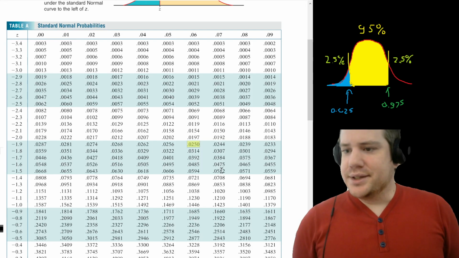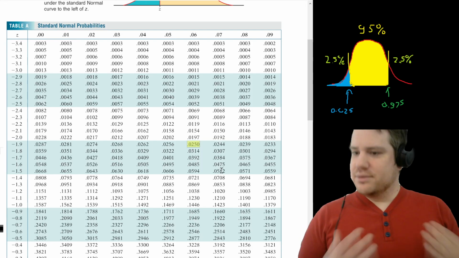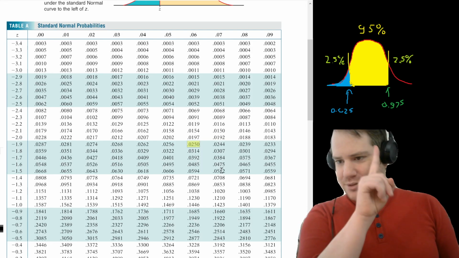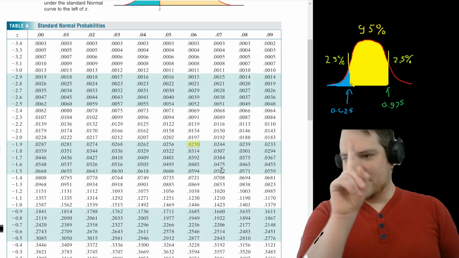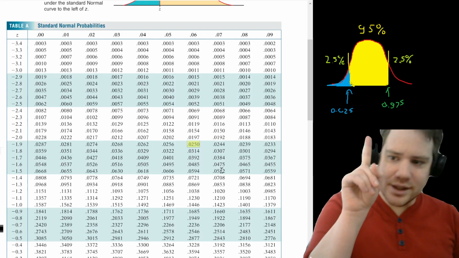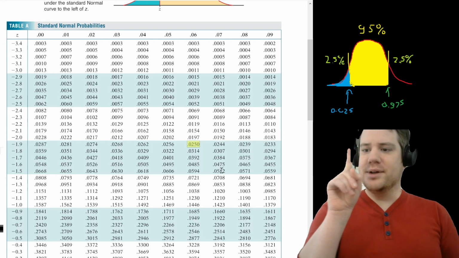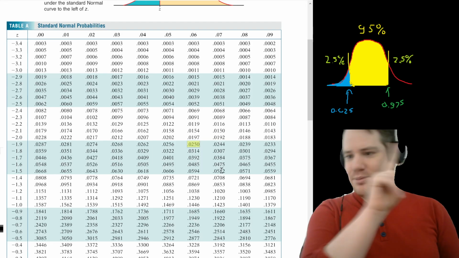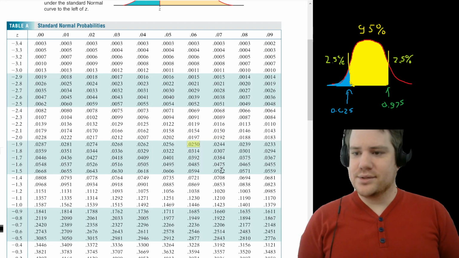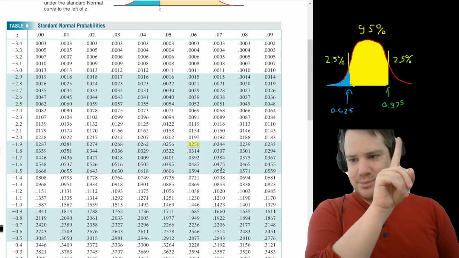And this is always the case. So you get the same number regardless of which of the two you look up. Another thing you could do theoretically is look up the other one and you get the same value but just the minus. So minus 1.96, plus 1.96.